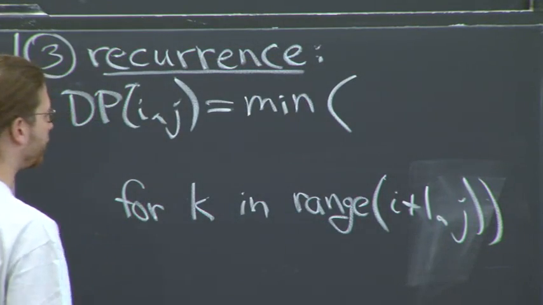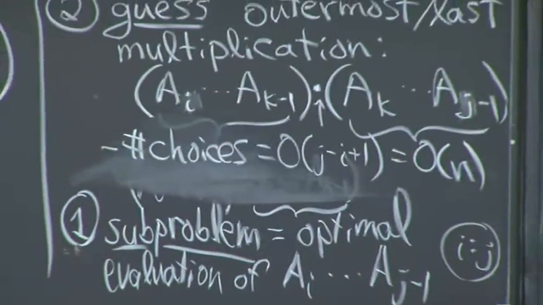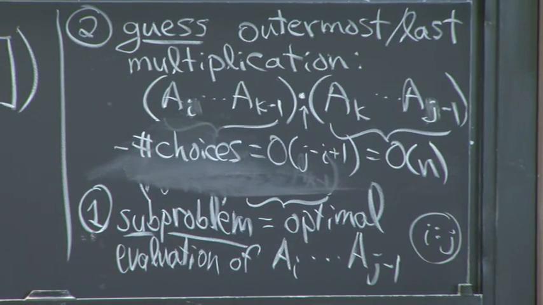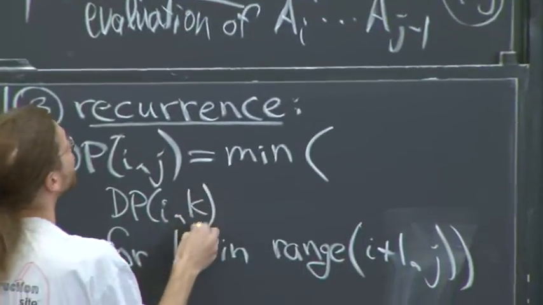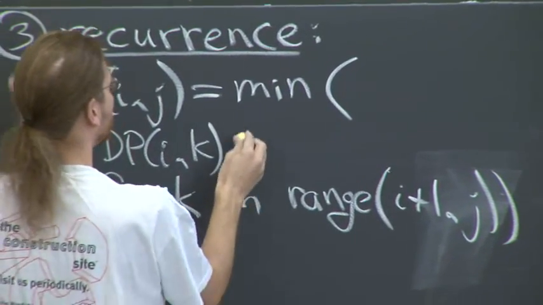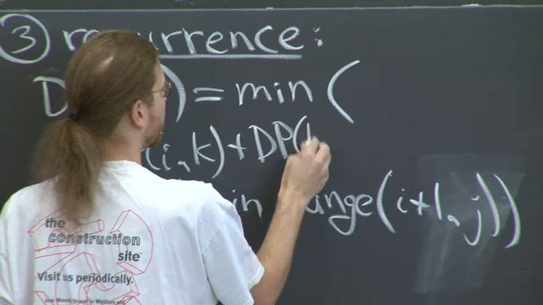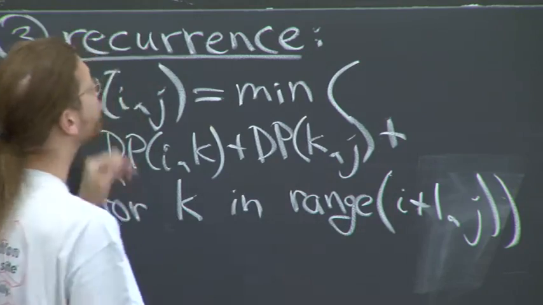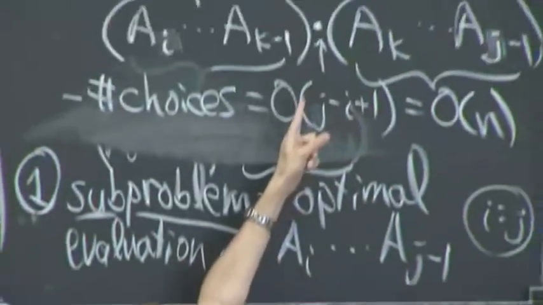And once I choose where k is, where I'm going to split my multiplication, I do the cost for i up to k, that's the left multiplication, plus the cost for k up to j, plus, so those are the two recursive multiplications, but then I also have to do this outermost one.